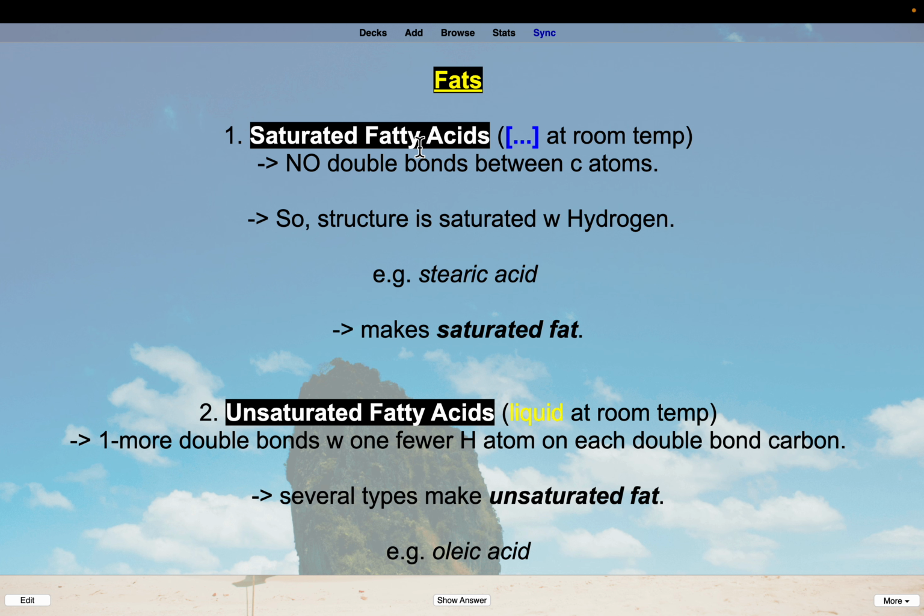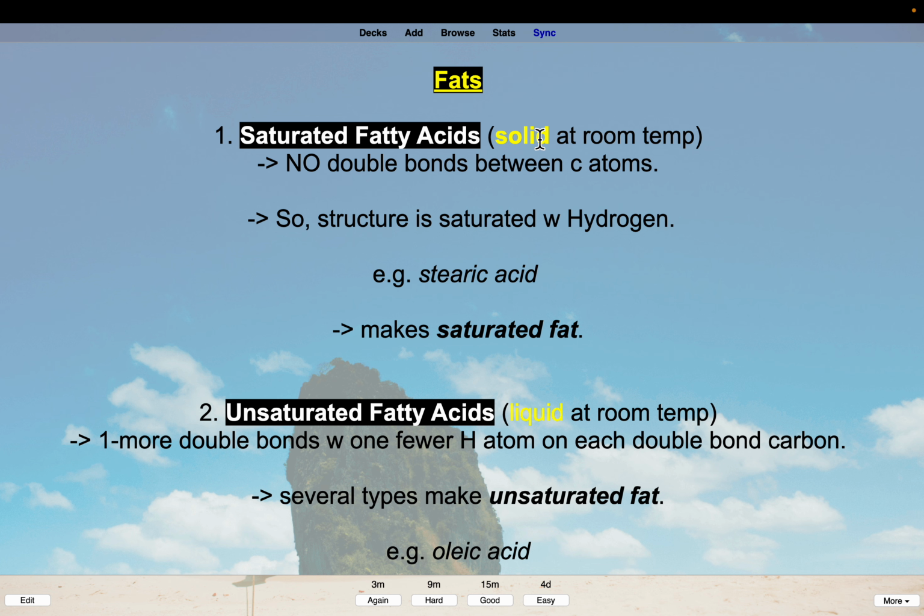So saturated fatty acids are solid at room temperature. Because they are solid at room temperature, saturated fatty acids are usually responsible for causing the buildup of plaque in the blood vessels, particularly the arteries, and this is why we have a disease called atherosclerosis.